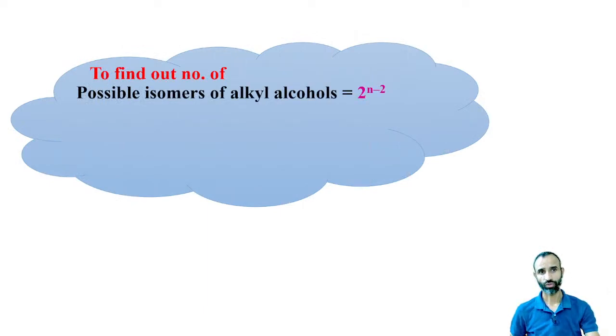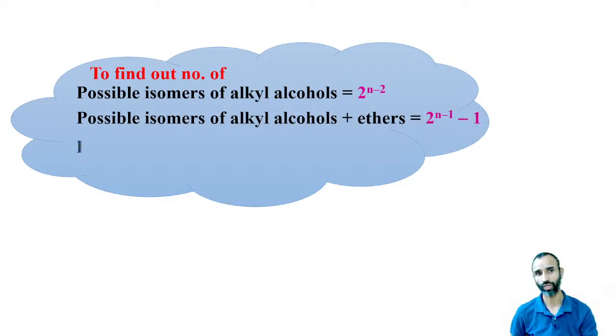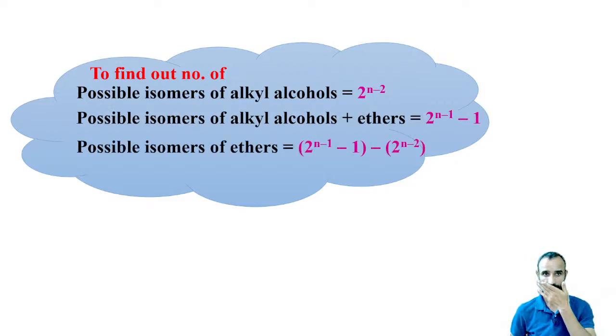So to find out the possible number of alkyl alcohols, the formula is 2 raised to power n minus 1, and possible number of alkyl alcohols plus ether, it is 2 raised to power n minus 1 minus 1, and possible isomers of ethers, that is 2 raised to power n minus 1 minus 2 raised to power n minus 2.